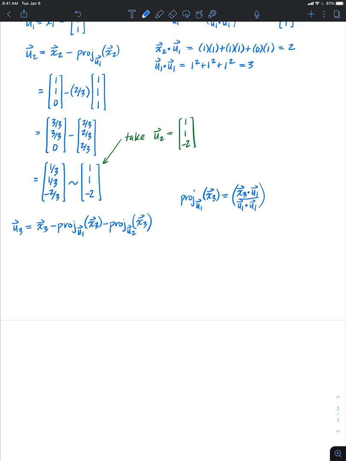And we've already worked out the dot product of u1 with itself. You end up getting 3. So that's one dot product that's already computed for us. But we will still have to compute the dot product of x3 with u1.